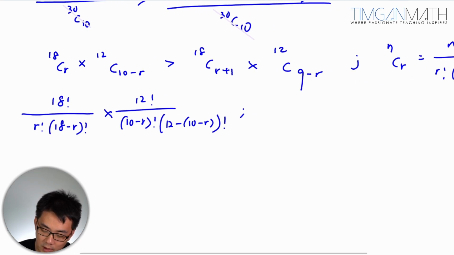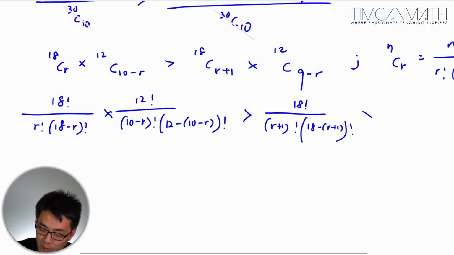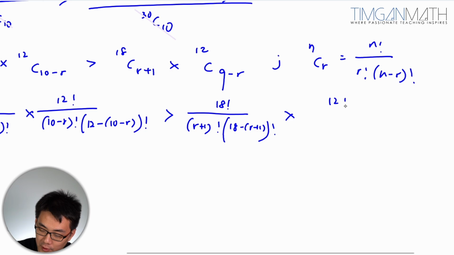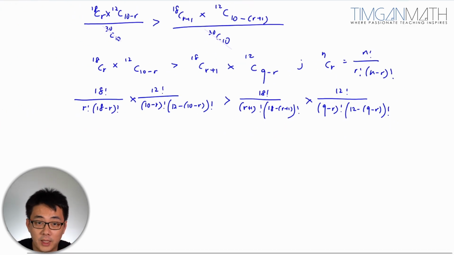On the other side, this will be 18 factorial over (r + 1) factorial, (18 minus (r + 1)) factorial, multiplied by 12 factorial over (9 minus r) factorial, then (12 minus (9 minus r)) factorial. Okay, so that's about it.